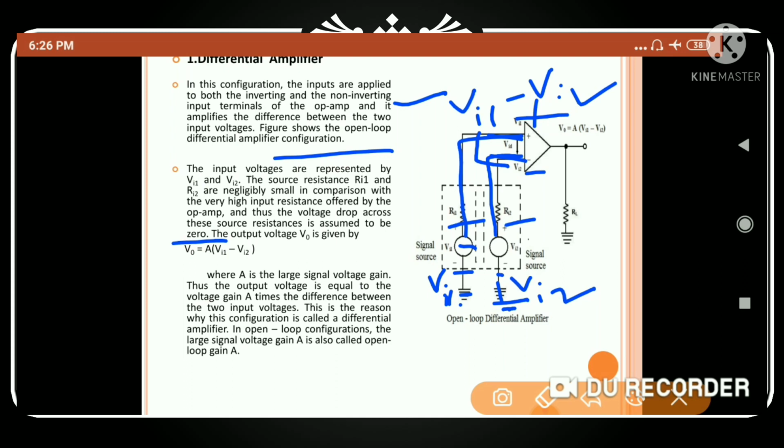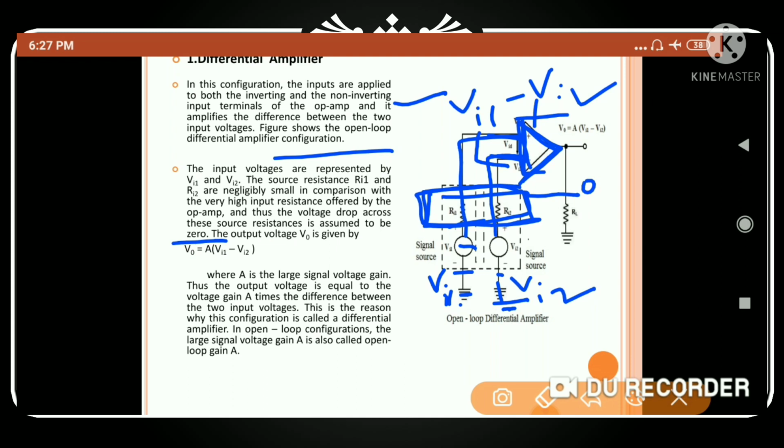So these RI1 and RI2 are negligibly small, because the op-amp offers a high resistance. So the voltage drop across these resistances should be how much? 0, because they are negligibly small.